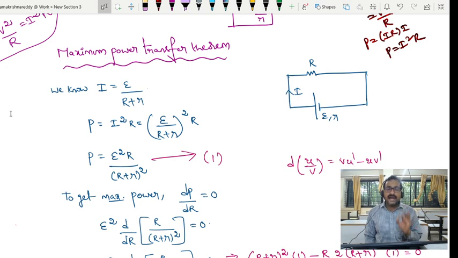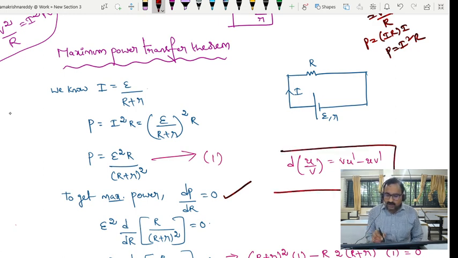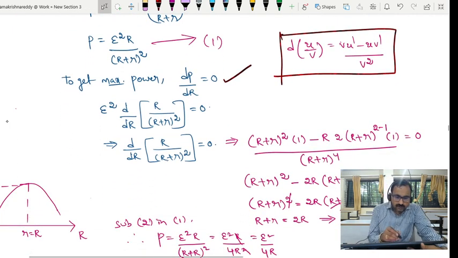But to get the maximum or minimum condition, you know the slope must be equal to 0. In the same way, to get maximum power, the condition applied is dP by dR equal to 0. What differentiation formula is applied there? Differentiation of u by v is vu dash minus uv dash divided by v square. See that, all of you. E square is a constant, so write it outside. d by dR of R divided by R plus r whole square equals 0. Here the first one is u and this is v.